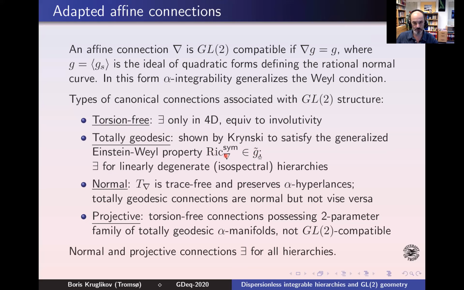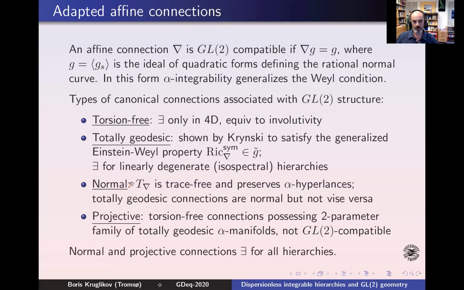That's projectively dual, an algebraic operation, easy to do. So in dimension 3, that's precisely the Einstein-Weyl property. It turns out that totally geodesic connections need not always exist. In examples 1 and 3, which I showed, they exist, but in example 2, DKP, they do not exist. More generally, this exists for linearly degenerate or isospectral hierarchies.